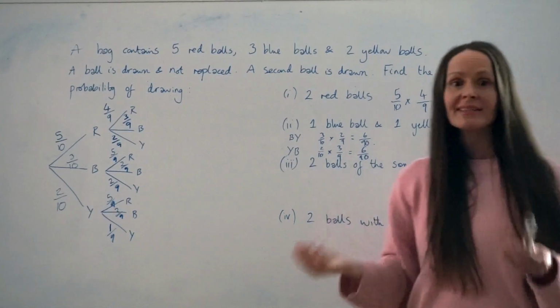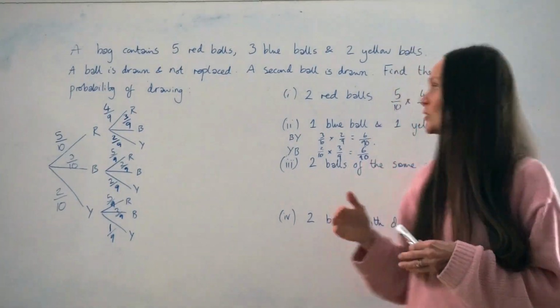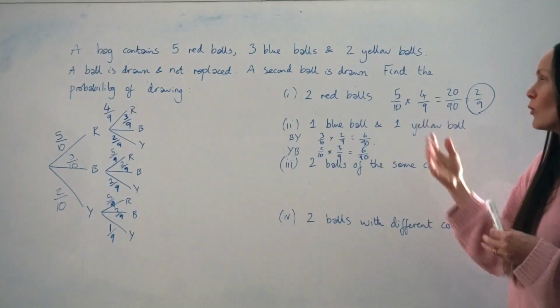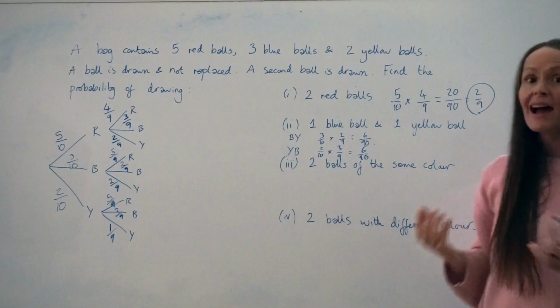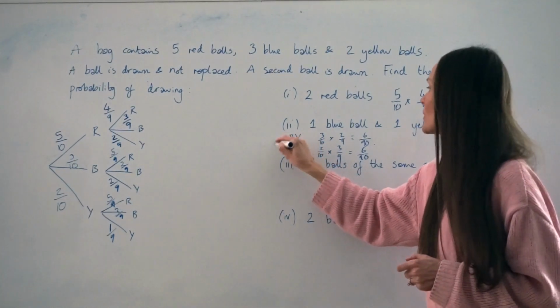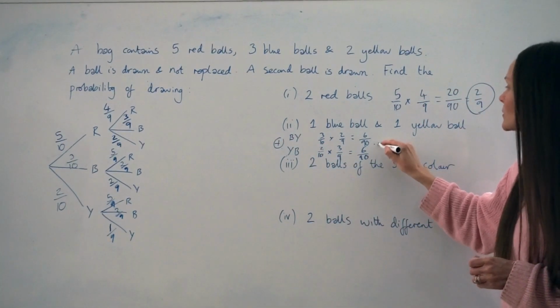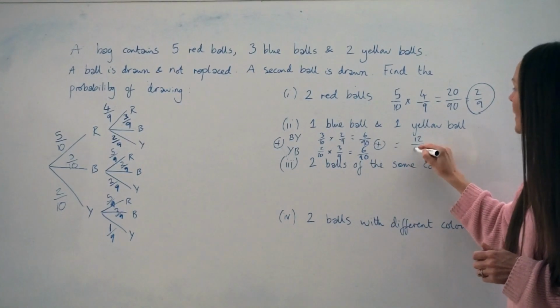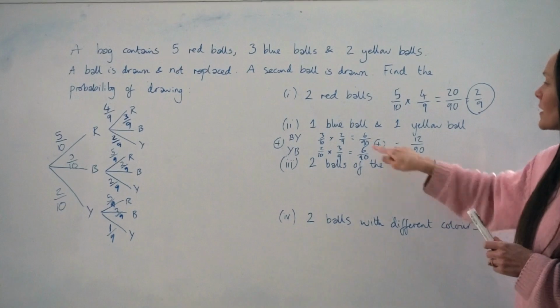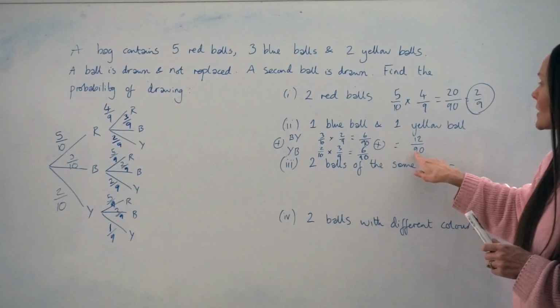Now remember what I said in the previous example. When you have 2 different scenarios, or more than 2 scenarios, you have to add the probabilities together at the end. So we're going to add 6 out of 90 to 6 out of 90, which gives us 12 out of 90. Okay, remember, they have a common denominator, so you can add them together straight away.